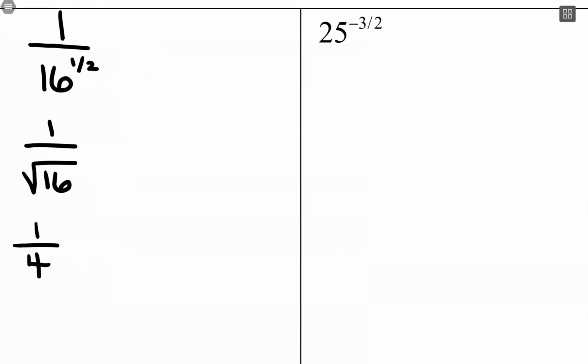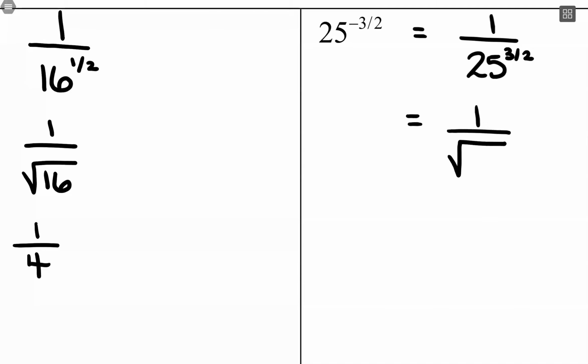25 to the negative 3/2, so we'll move to the denominator, and then we'll have a positive exponent of 3/2. With that exponent of 3/2, the denominator of 2 tells me we're taking a square root, and then 25 as our base with an exponent of 3.